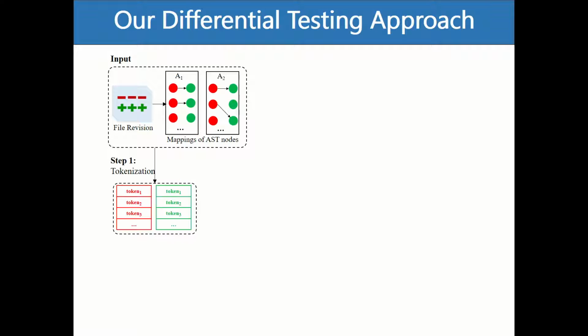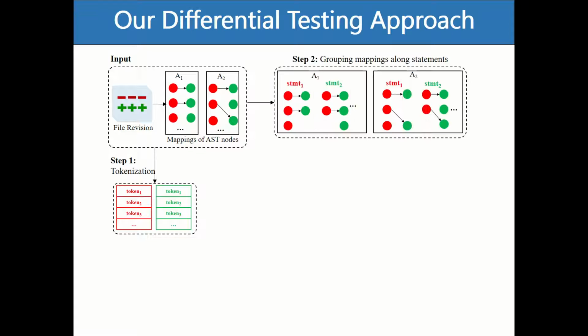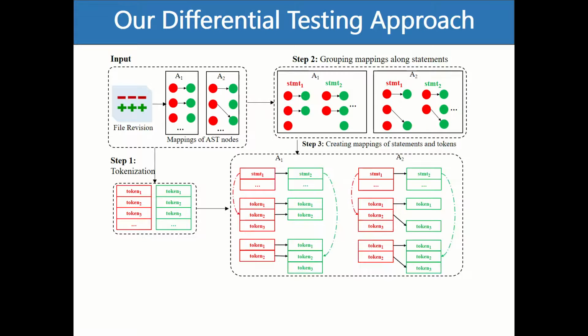The framework of our approach is as follows. The input of our approach is a file revision and mappings of AST nodes as generated by two algorithms, A1 and A2. First, we tokenize the file before and after the revision. Next, we group mappings of nodes as generated by the two algorithms along the statements. Then, we create mappings of statements and tokens.